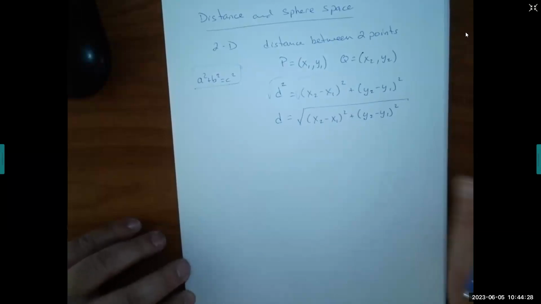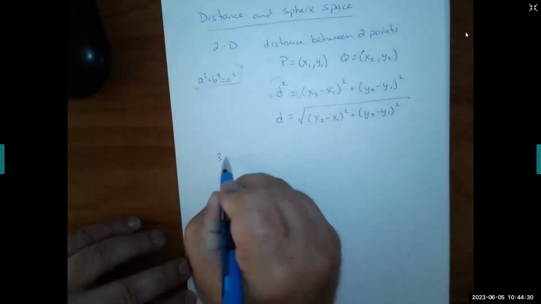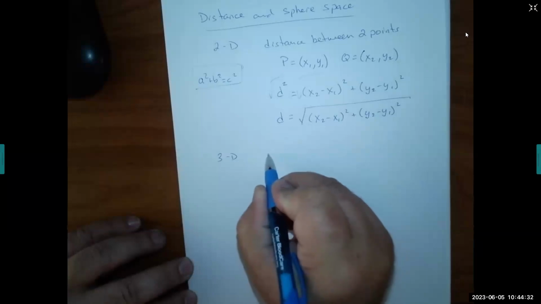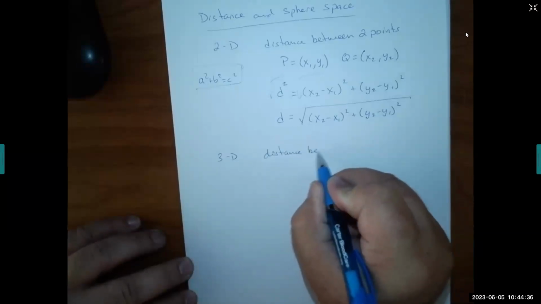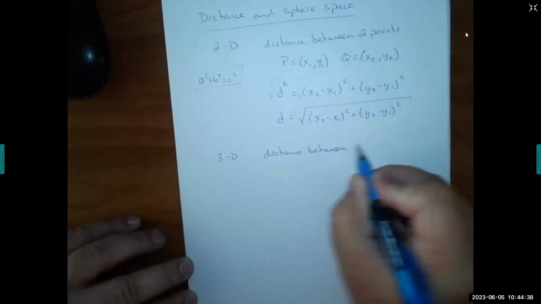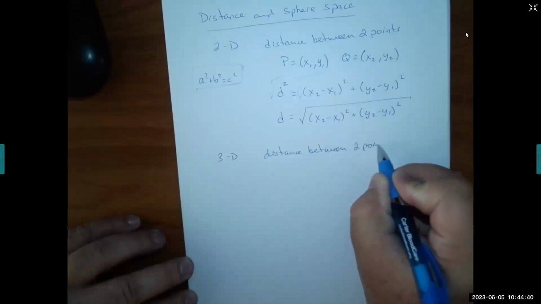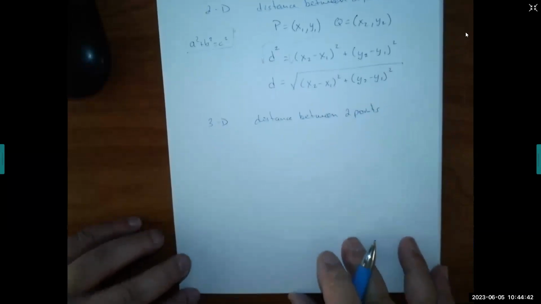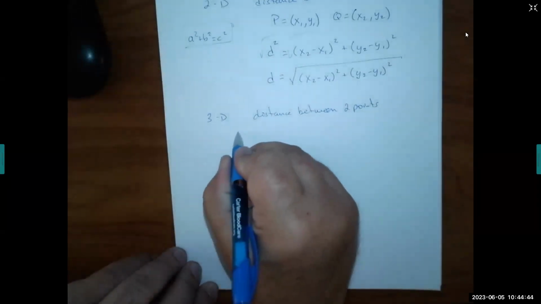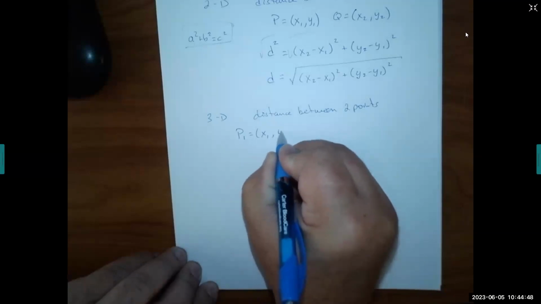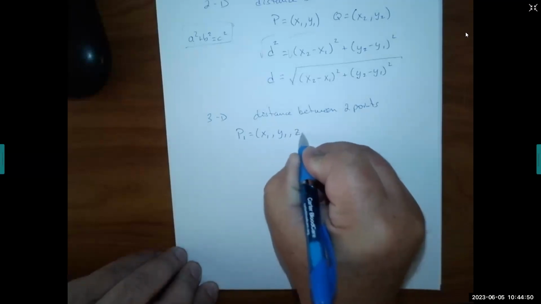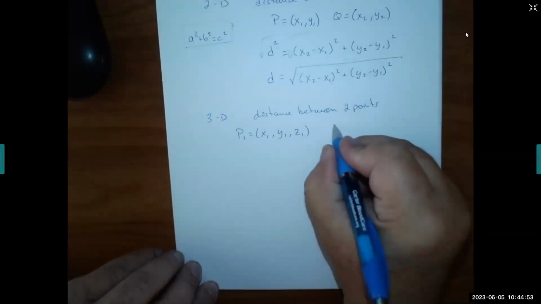Now we take it one step further. In the 3D world, we have 2 points. We have point 1, which is made up of x1, y1, z1.